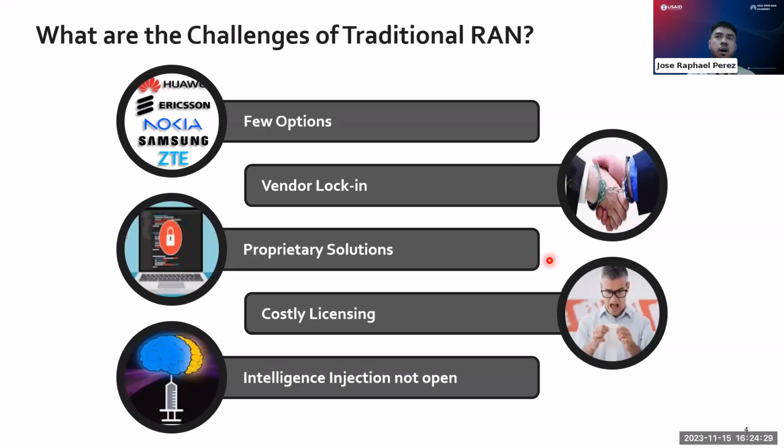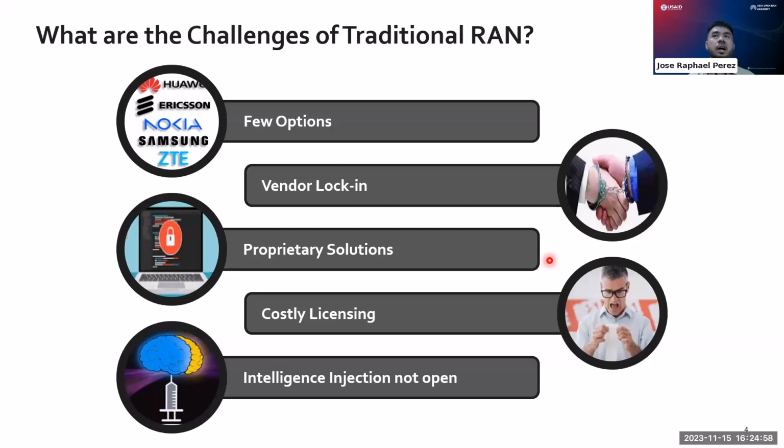Their solutions are specific to the vendor, so there might be features that are not available with other vendors' solutions. Usually the licenses to cater to services like calling, text and data are costly in terms of what the vendors are offering right now.